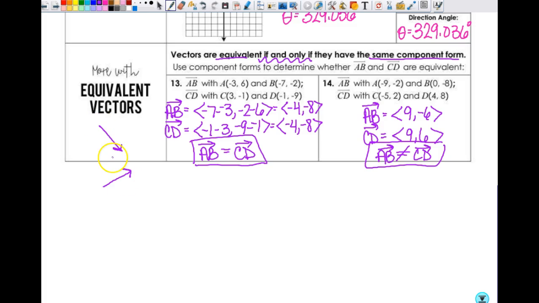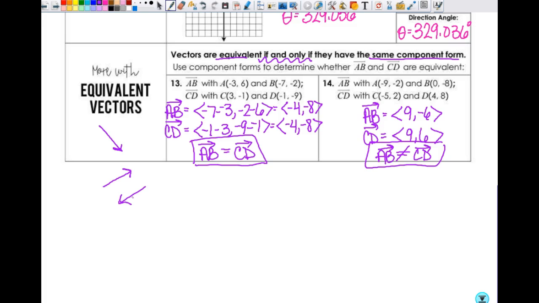But they are not opposite and they are not parallel. So they're not equivalent, because it has more to do with more than just the magnitude. Plus, remember for opposite, u has to be equal to negative v. So if that was negative 9, negative 6, then they would be opposite. That question doesn't ask you. All it asks you is if they're equivalent. That was just a good thing to talk about.